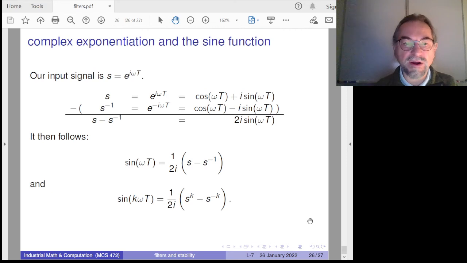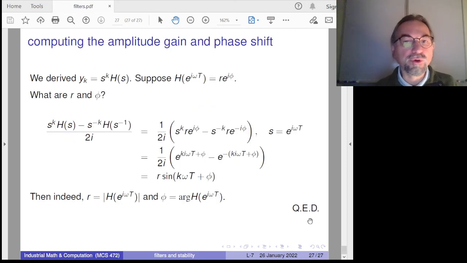Okay, now I still have 5 minutes for the last slide, the conclusion of the theorem. We have already derived that for sufficiently large k, the kth output is s to the power k times our transfer function. Now suppose that we want to write the transfer function evaluated at s.